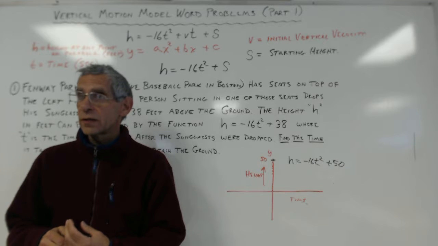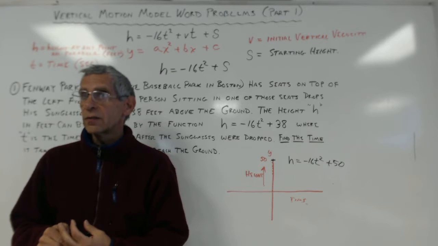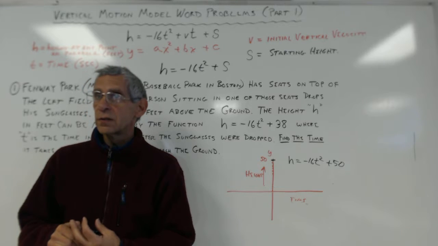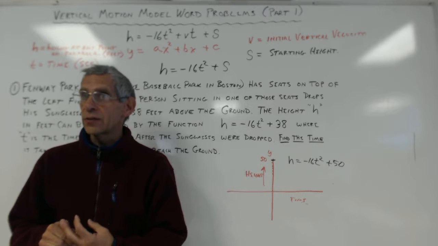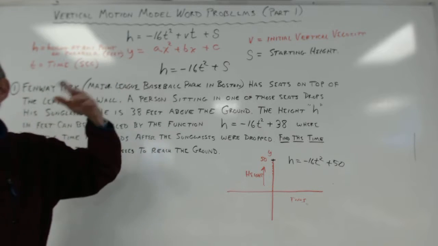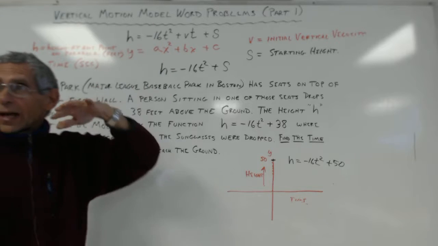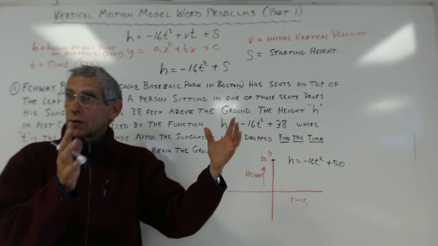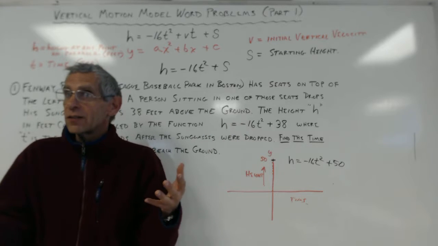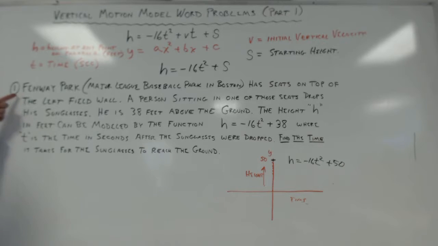Well, it sort of does. It's going to go faster and faster and faster, right? So it's taking that into consideration. Basically, the negative 16 is what's actually creating that. We're modeling what's happening in real life with an equation that is fairly accurate. Okay, does that make sense? So let's look at this. Fenway Park.